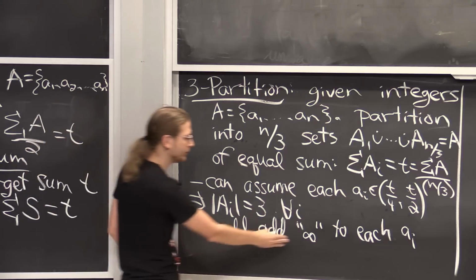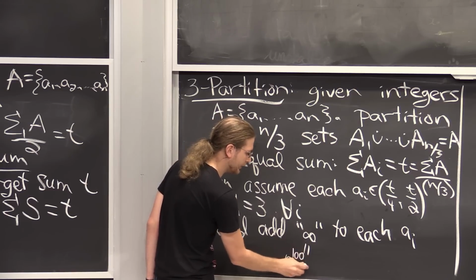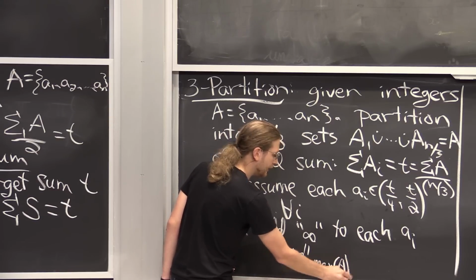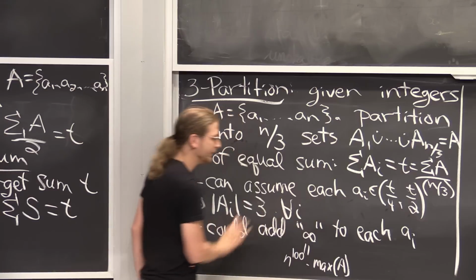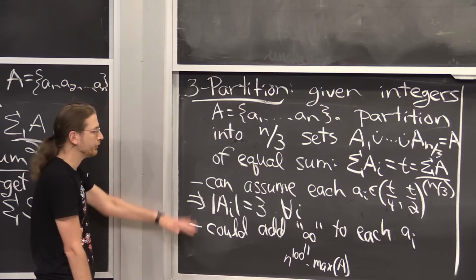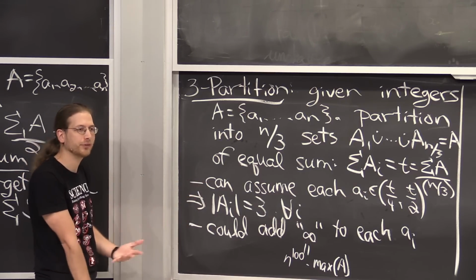Just think of infinity as a really large number, something like n to the 100 times the maximum item in A. This will preserve all solutions, because in all solutions every set has size exactly 3, so if you add 3 times infinity, they'll still have the same sums.